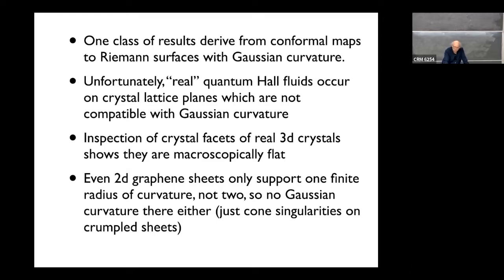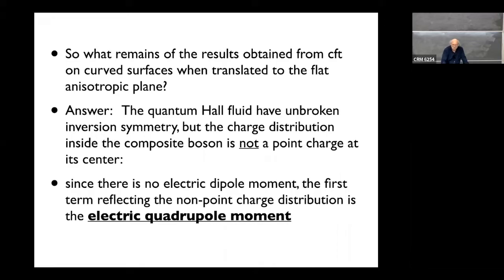Anyway, so the question arises. A cylinder is fine, but there's no Gaussian curvature. So what remains?